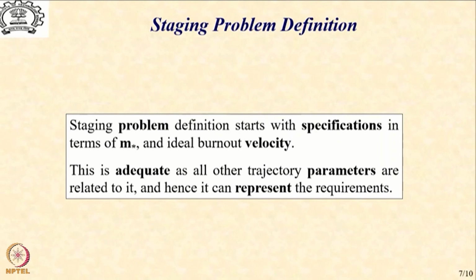For example, if I know the ideal burnout velocity and if I know the mass configuration, then by appropriately implementing the burn profile, I can find out what are going to be the actual velocity and altitude profiles, and I'm going to get the trajectory.